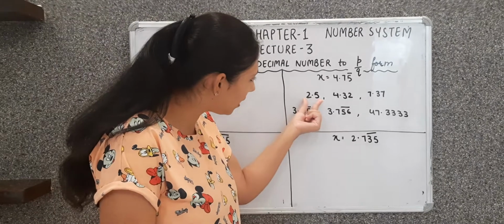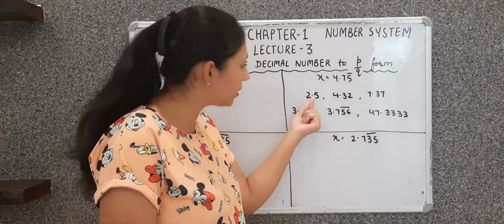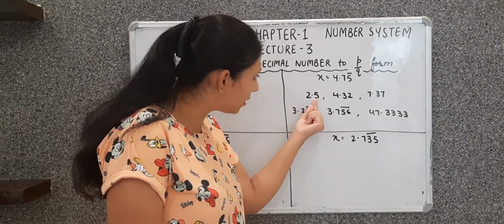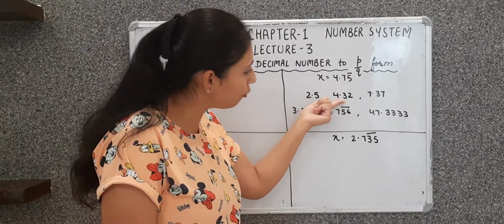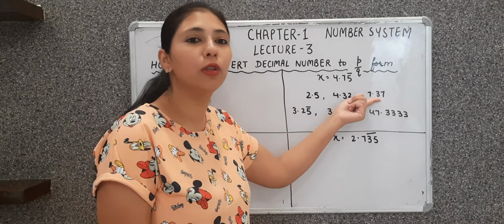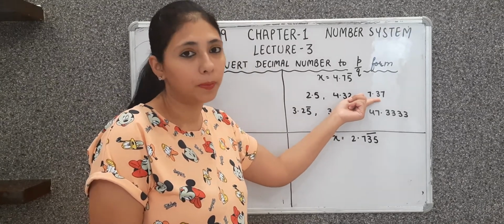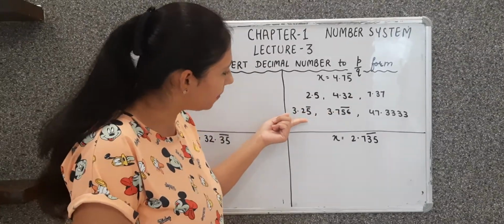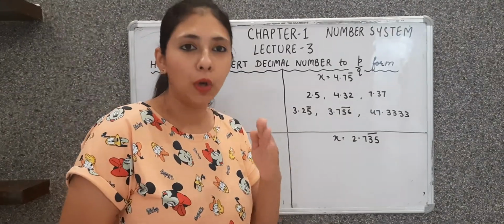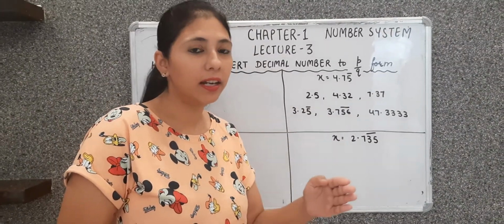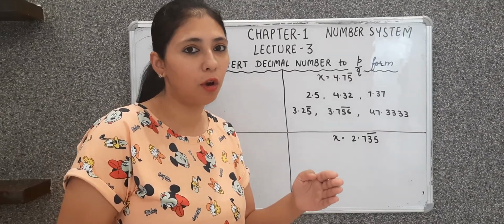Like this one, I'll call it terminating, because after some time it stops. This one is also terminating, 4.32. But this one and this one are non-terminating recurring representations of a rational number.